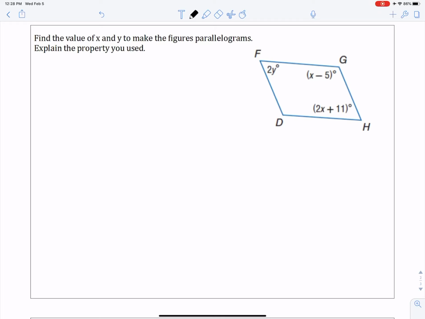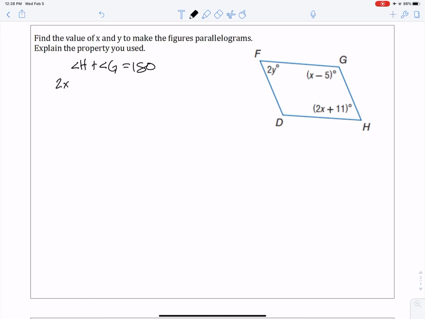So the first one says find the value of x and y and then explain the property you used. So in my picture, angle H and angle G both have x in their angle expression, and so that's where I'm going to have to start. So angle H and angle G, when they add together, those are consecutive, so they equal 180 degrees. So I'm going to take angle H, add it to angle G, set it equal to 180, and solve for x.